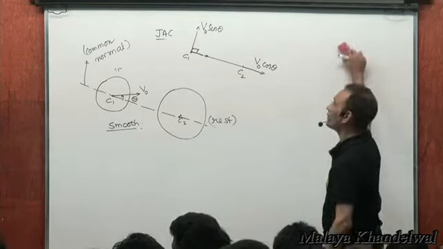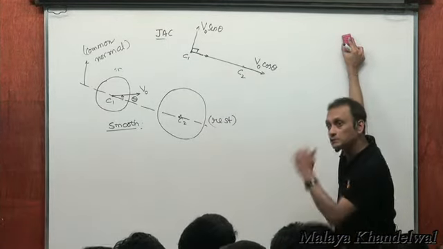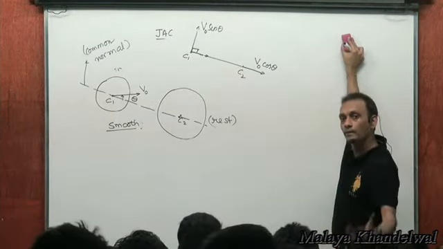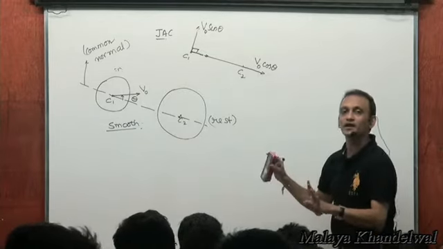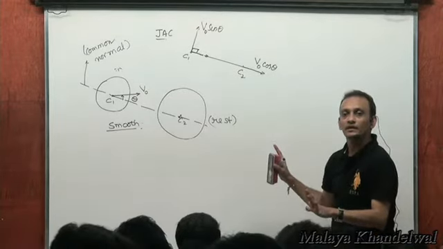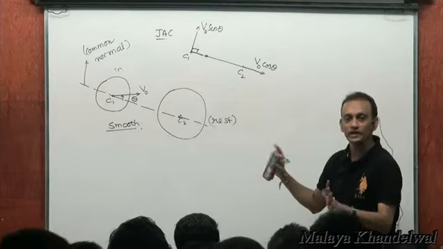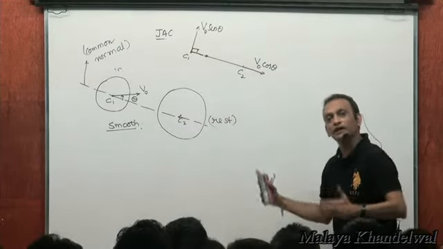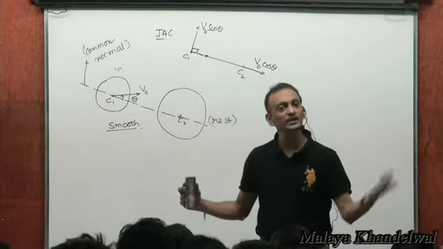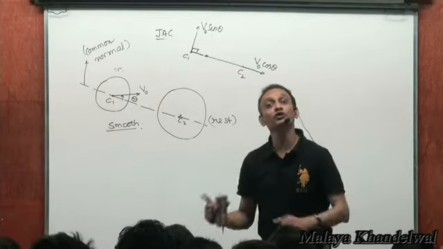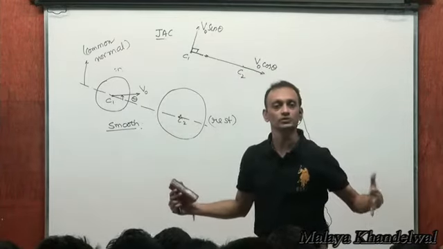Clear? Let me know if I could wipe this off. All that I'm saying is, if there are two identical masses, where one is at rest, the other one moves and collides obliquely with this in a perfectly elastic manner, and if they are smooth, then after collision they move mutually perpendicular to each other.